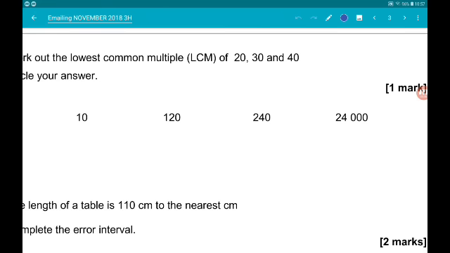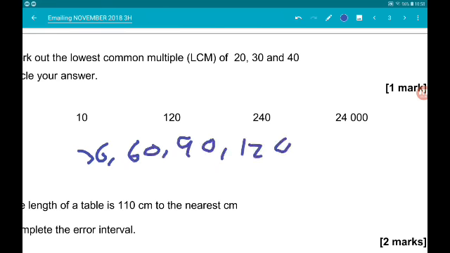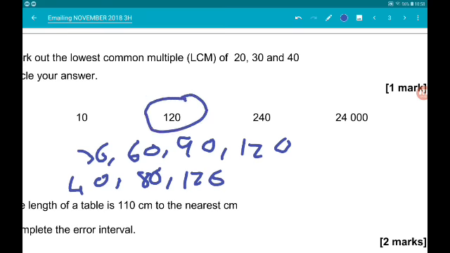So, if we just write down the first few multiples of 30 and 40, then we get 30, 60, 90, 120. And 40s, we get 40, 80, 120. There's our answer, 120, pops up in both.